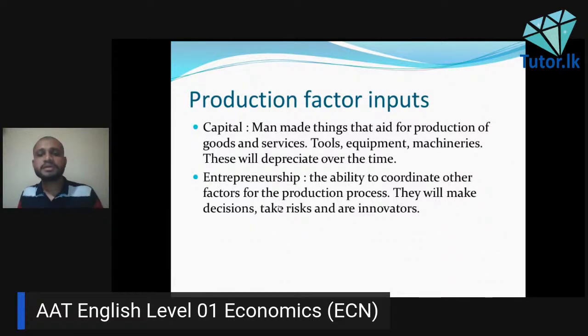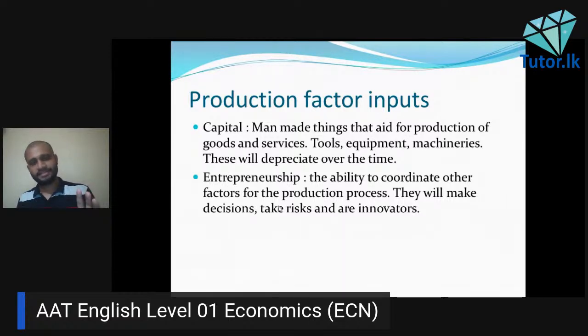You need to take certain business decisions, and you should be more innovative in coming up with new products. There should be some person who is making the business decisions and taking risks. That comes as entrepreneurship.